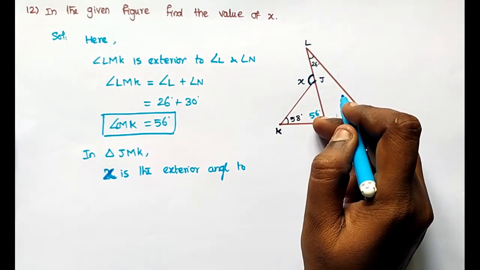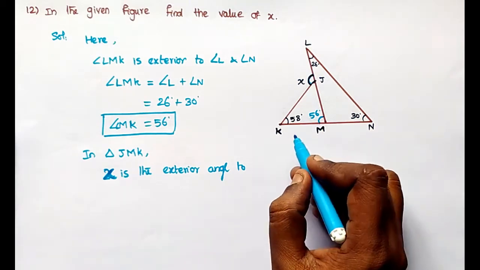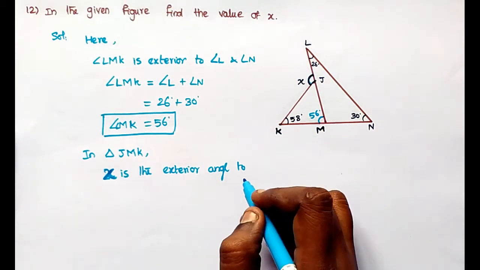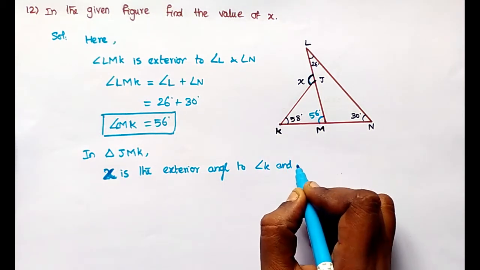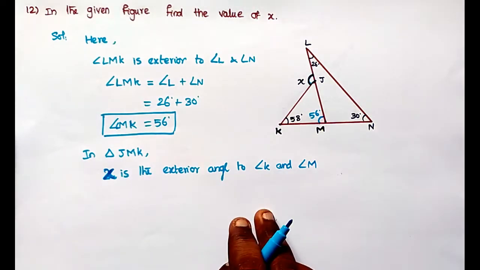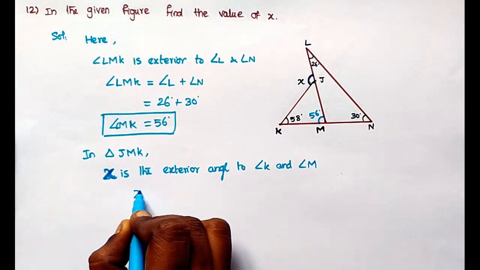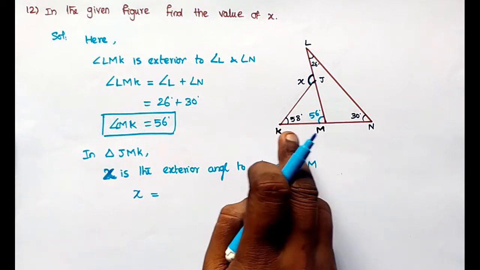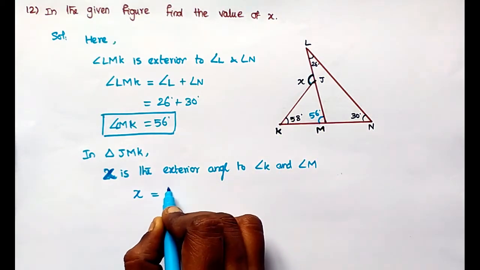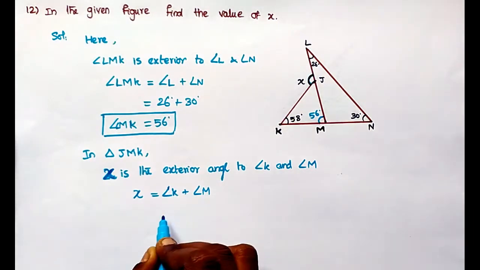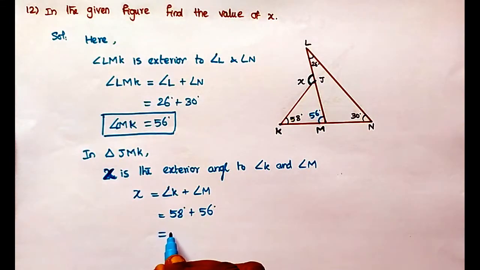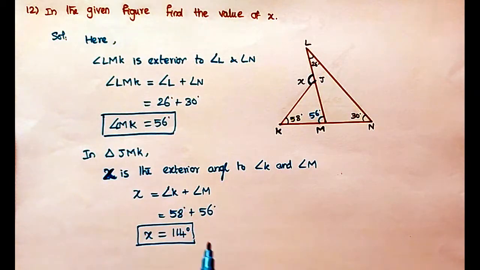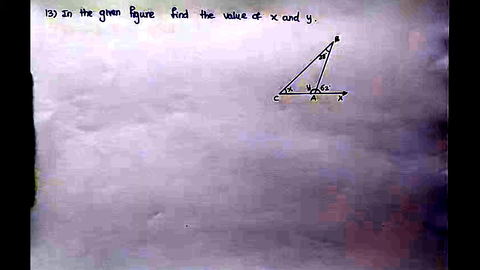In this triangle, it is exterior to angle K and angle M. Now what we have to do? Exterior angle equals the sum of the interior opposite angles. So that is angle K plus angle M, that is 58 plus 56. We get 114 degrees. That is the x value. That is the answer.